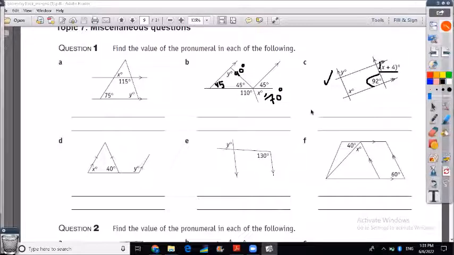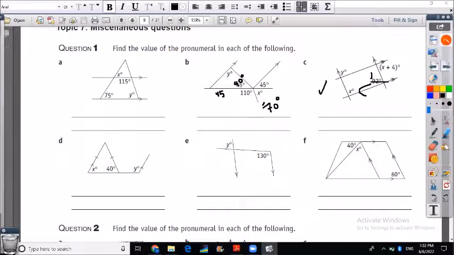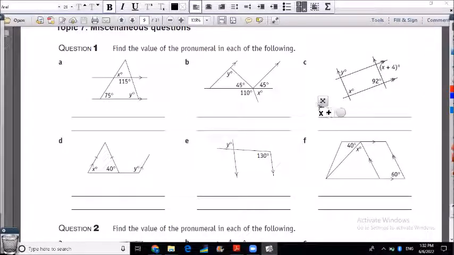So what are we going to find right over here? We need to write x plus 4 equals 92. Solving the equation, sending positive 4 to the other side, negative 4 is going to make it x equals 88. So now we found that x is 88.